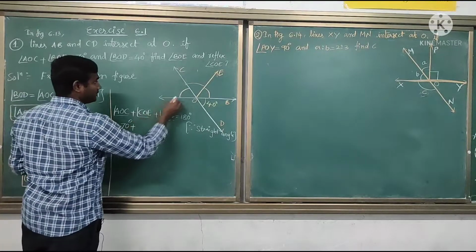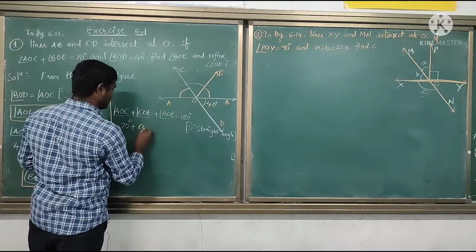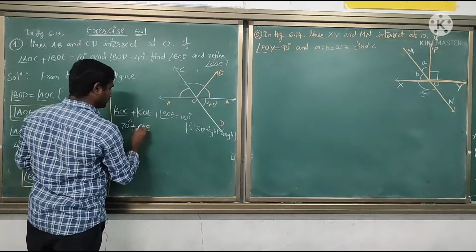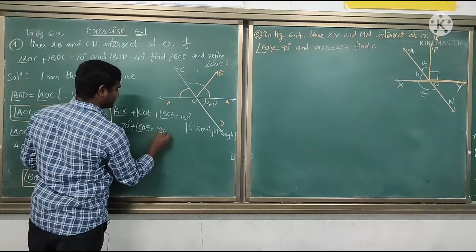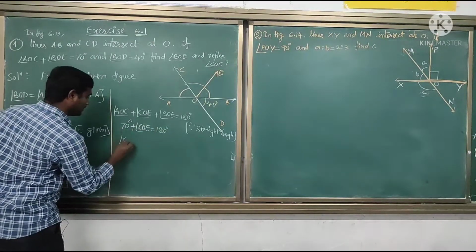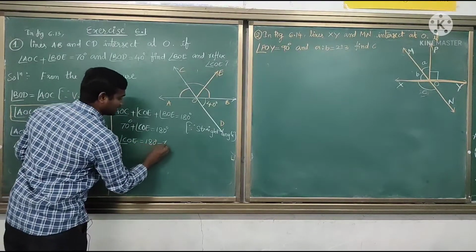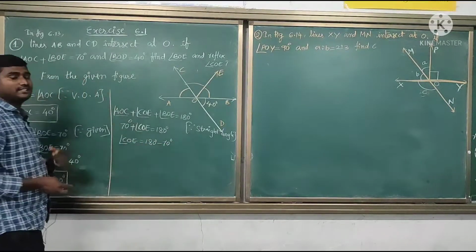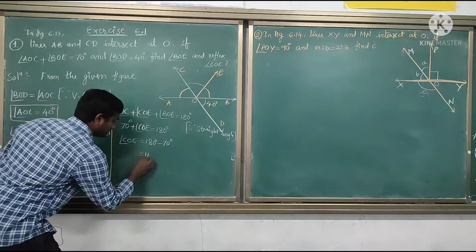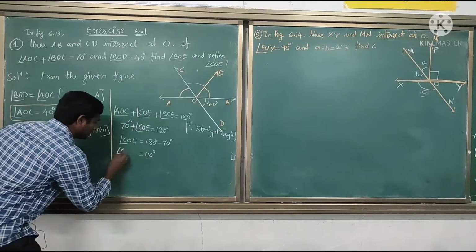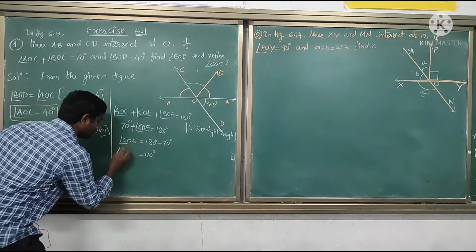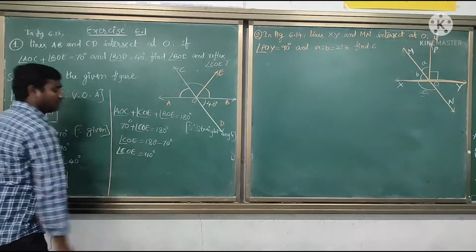So COE is how much? We don't know, we need to find that. COE equals 180 degrees minus 70 degrees, which is 110 degrees. That is angle COE equals 110 degrees.